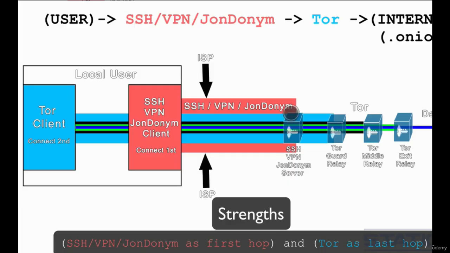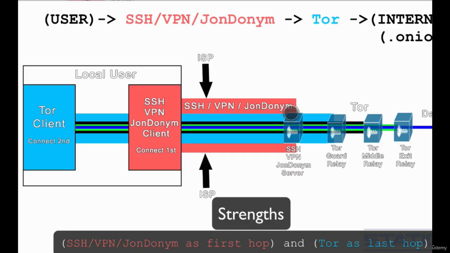And now let's talk about the weakness of SSH VPN JonDonym. They can make a DNS, and the SSH VPN and JonDonym client reaches correctly with the help of making DNS, and it can kill the connection over the SSH VPN, or any of these layers like the Tor guard relay, Tor middle relay.